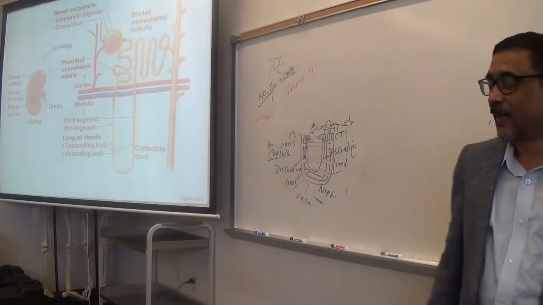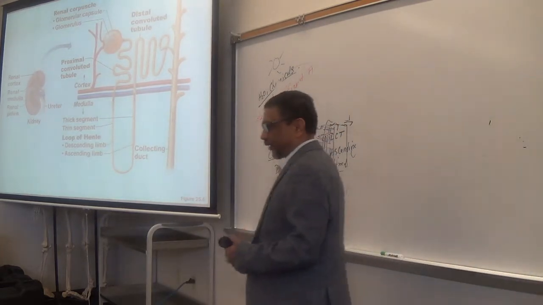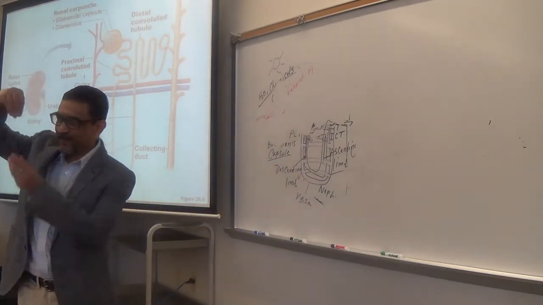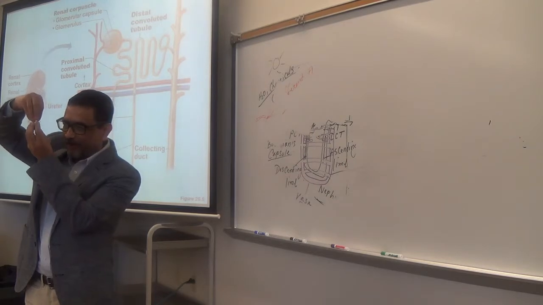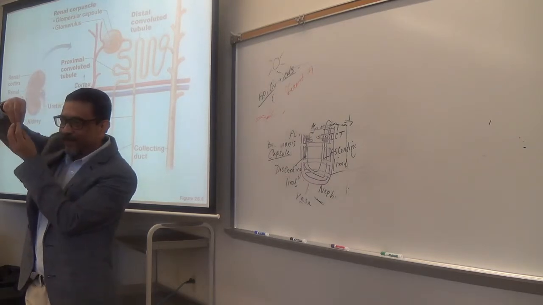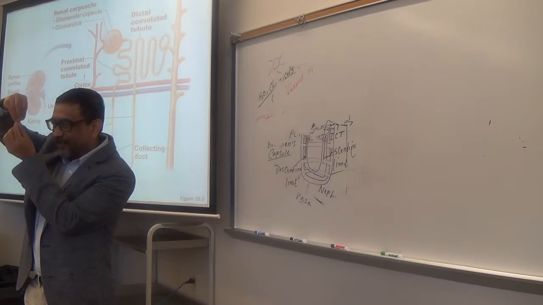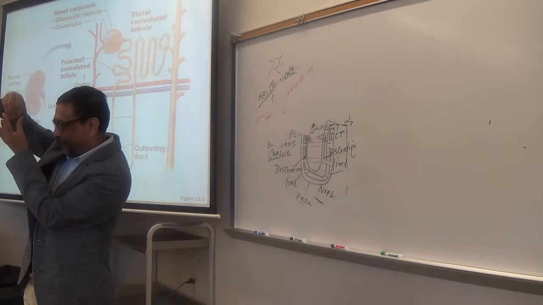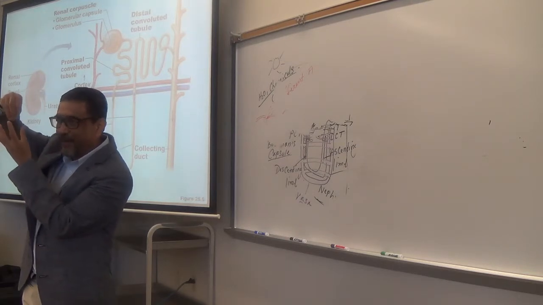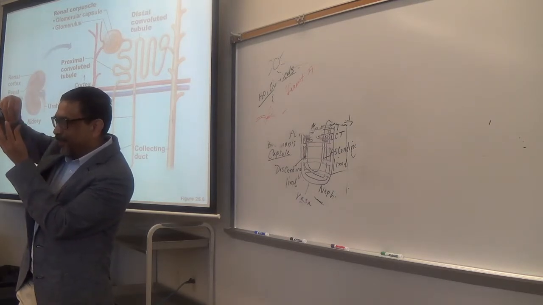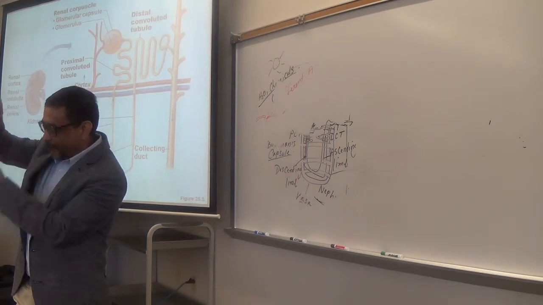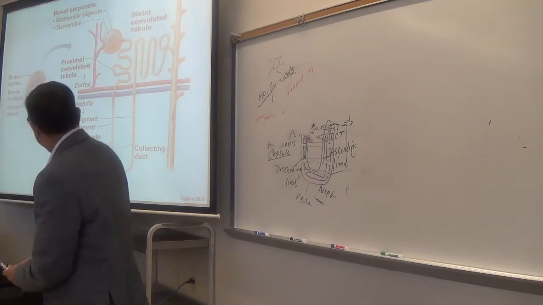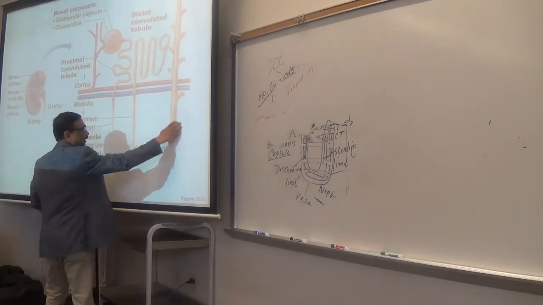Now, how many of you remember the pyramid? Remember? Pyramid? And this pointed part is called what? Papilla, right? And I told you urine is secreted from the papilla, right? And a cup or funnel shaped structure is receiving that urine, that is the minor calyx. Remember that? Okay, good. So, in this papilla, in this part of pyramid, you have thousands of collecting ducts.